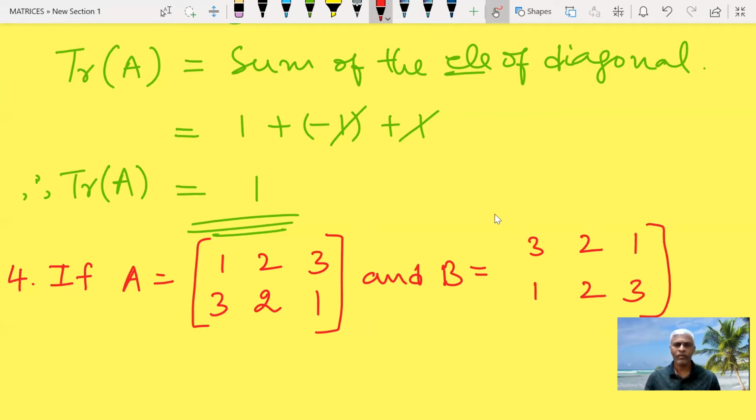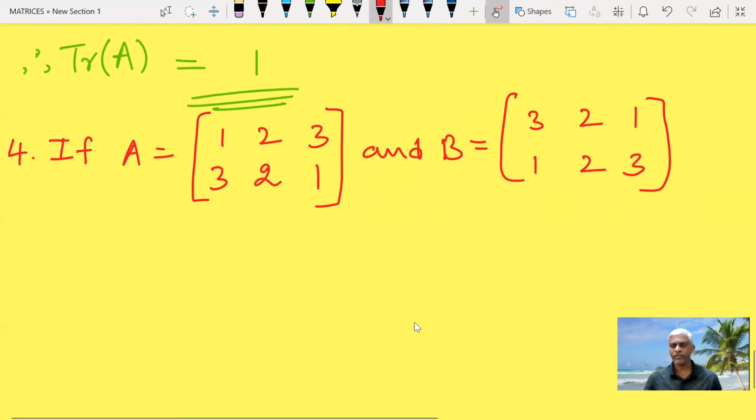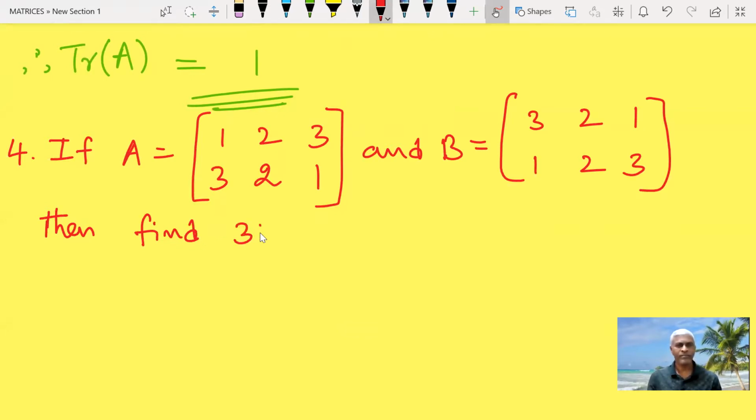Don't put commas or full stops in between the elements of the matrix. Only write them, just giving space. Then find 3B minus 2A.